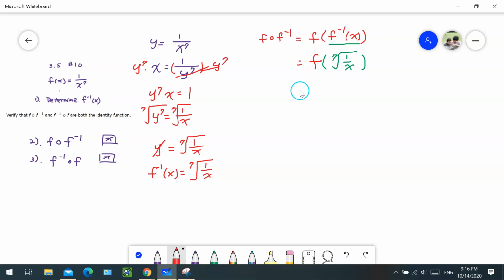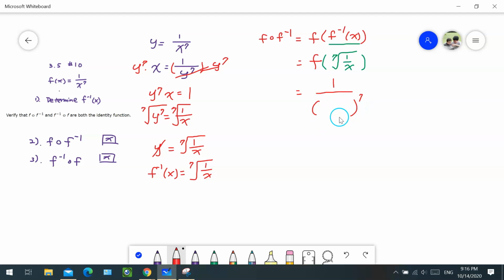So now you only have the f left. So go look at your f function. The f function given to us is 1 over x power 7. So I'm going to rewrite 1 over x power 7.